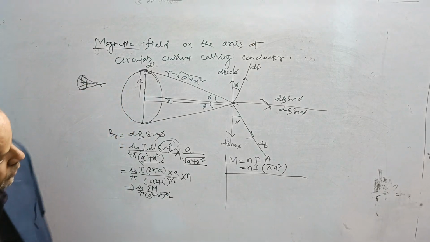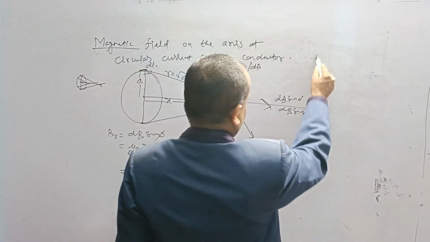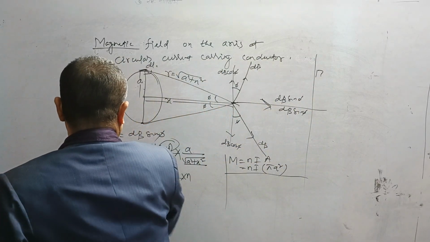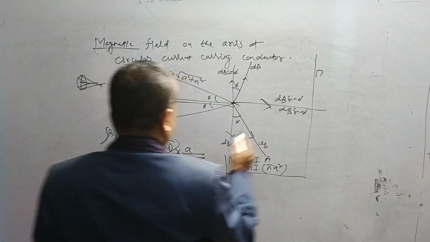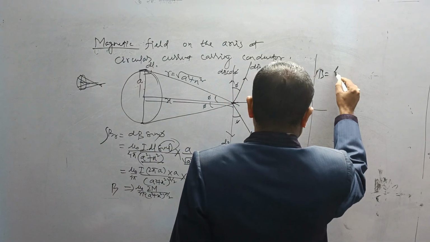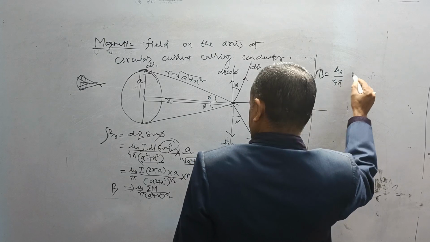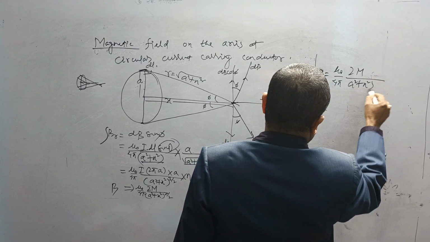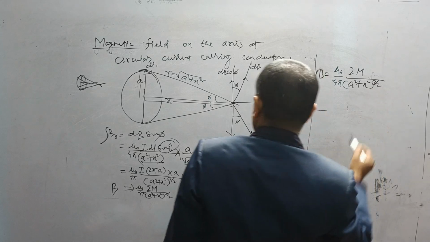So we will go for the special cases of it. We have integrated it out, and the net magnetic field is mu naught upon 4 pi 2m upon a square plus x square to the power 3 by 2.